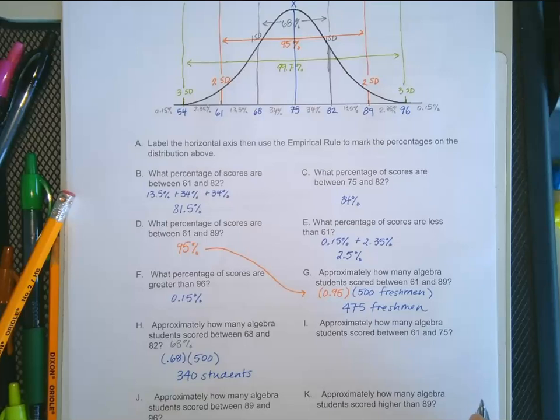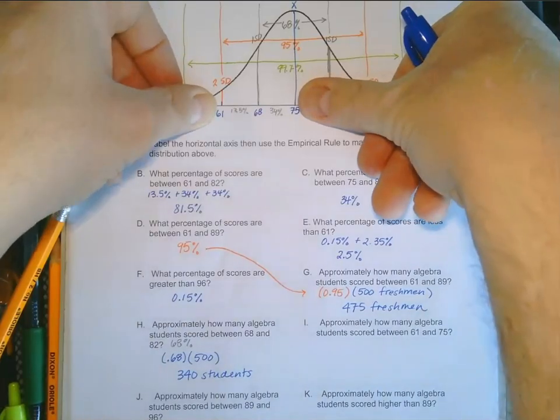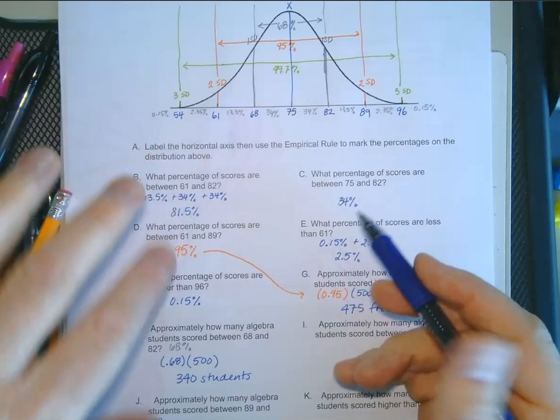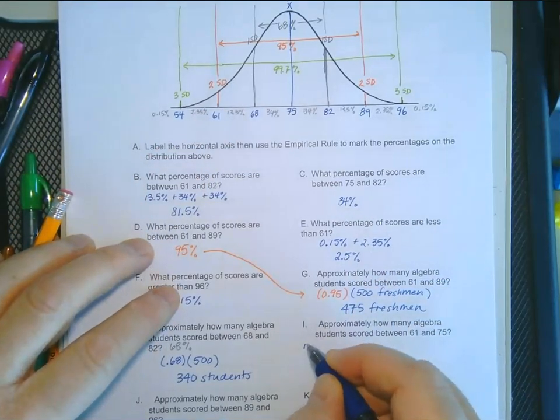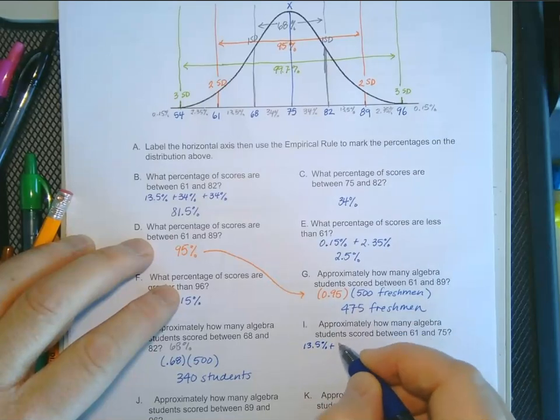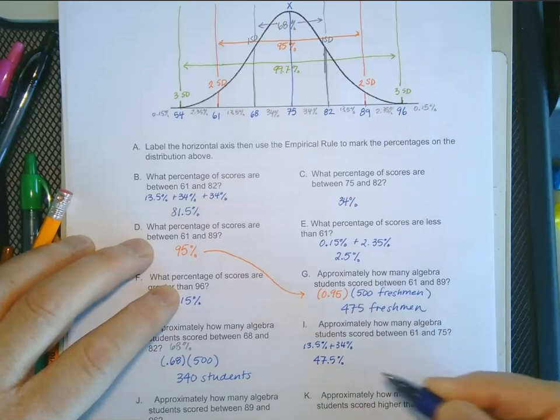Are we okay? Approximately how many algebra students scored between 61 and 75? Well, here's 61, here's 75. Oh, we're going to have to do a little bit of work here. So that's going to be 13.5 plus the 34. So I'll put some work here. 13.5 percent plus the 34%, and I get 47.5%.